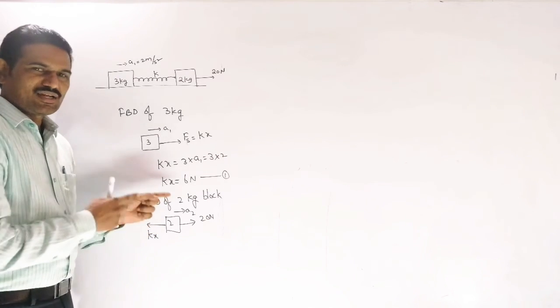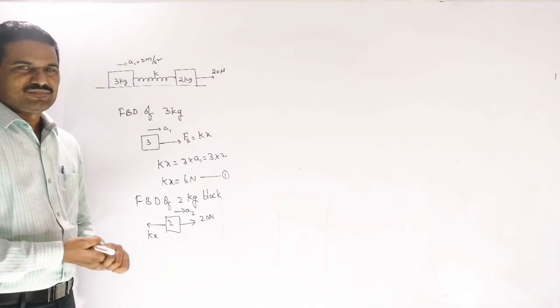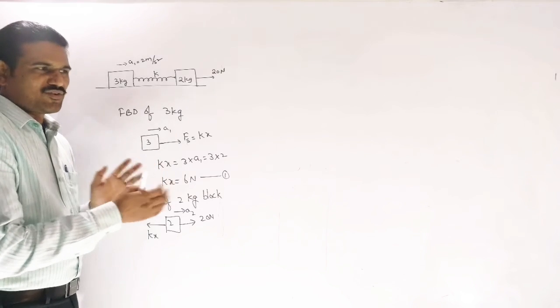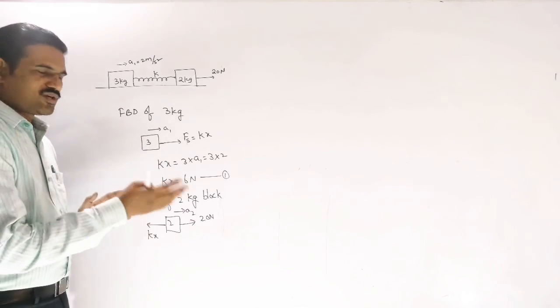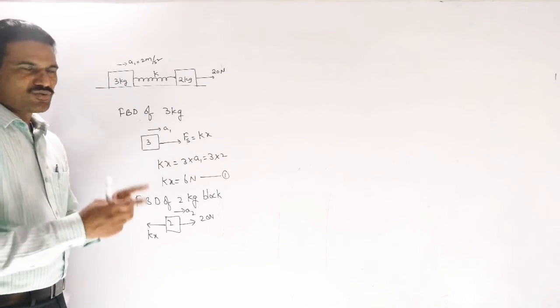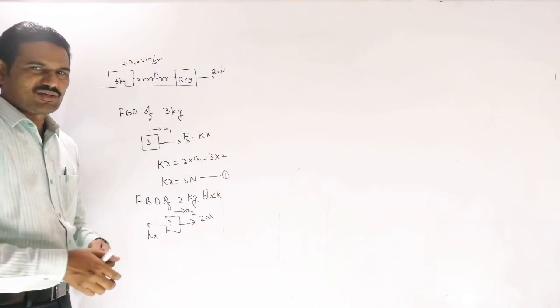But when they are connected by a spring like this, the accelerations of those blocks will be different. They may be the same at some instant of time, but in general at different instants they are different. You can't consider the same acceleration here, so I am taking some other acceleration.